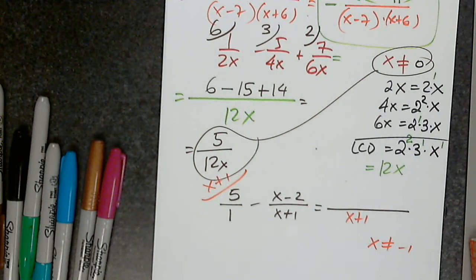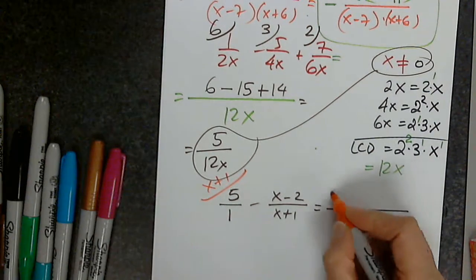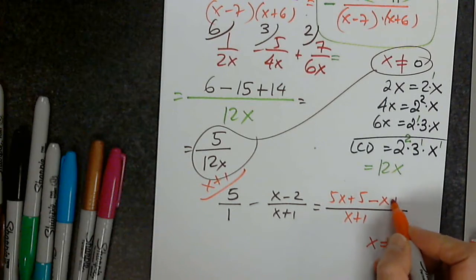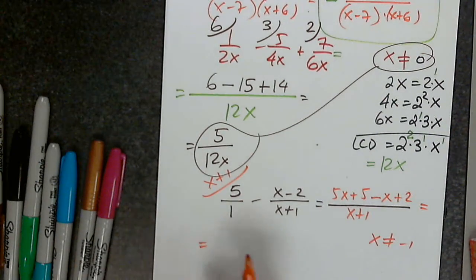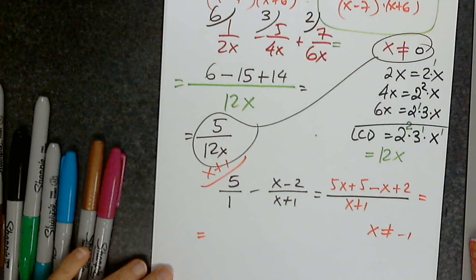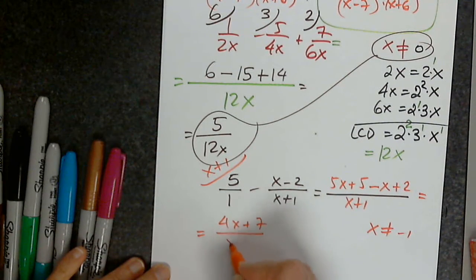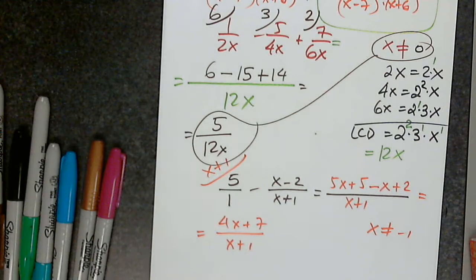So please dictate the numerator. 5x plus 9 minus x plus 2. Wonderful. All we have to do is combine like terms, and 5x minus x is 4x plus 7 over x plus 1. I would like to simplify x with x. No. Very good. Very good.